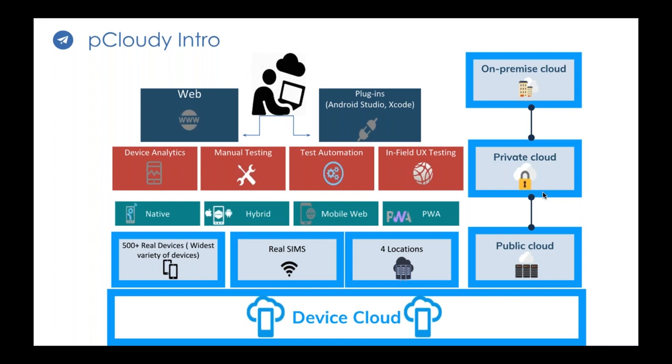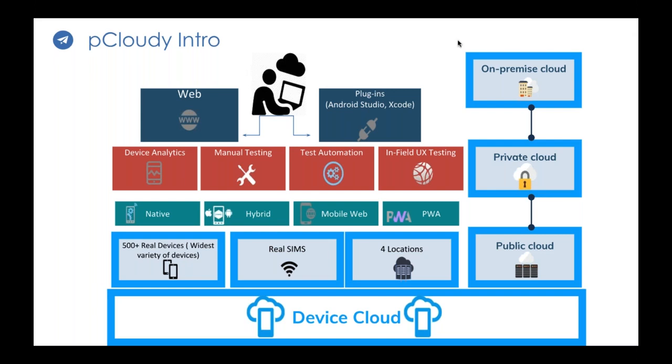So those devices are exclusively for your organization, and there is no limit to the amount of usage that you can do on those devices. That was the private cloud.